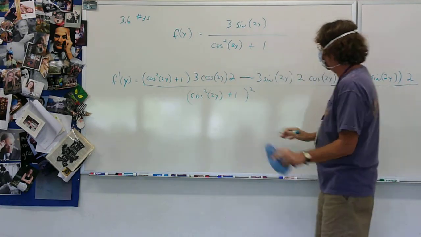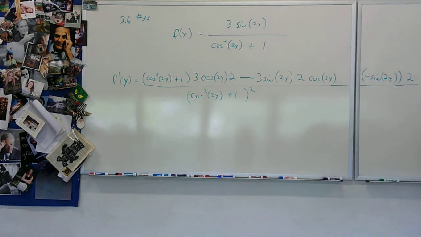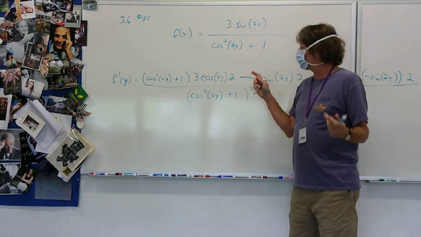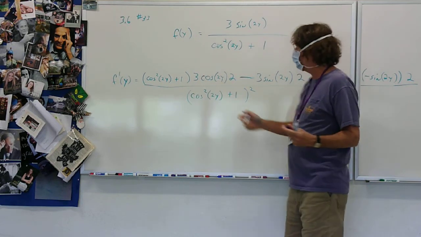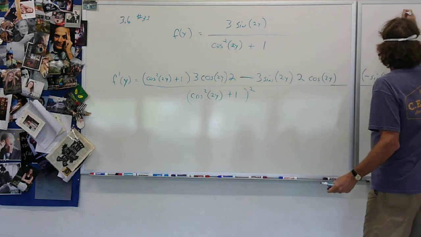I wouldn't do that yet. This is a case where I would just do some basics. The only thing I would do on the first step is 2 times 3, which is 6. I wouldn't change anything else.